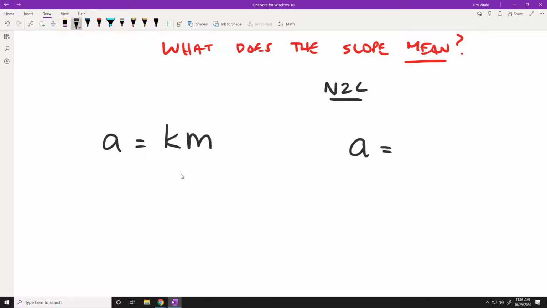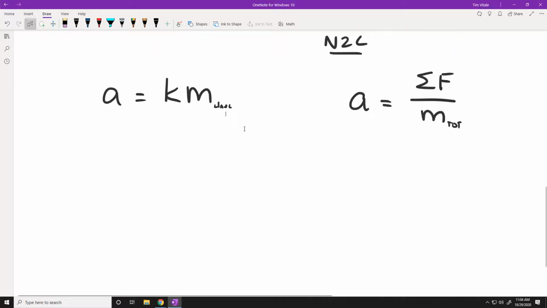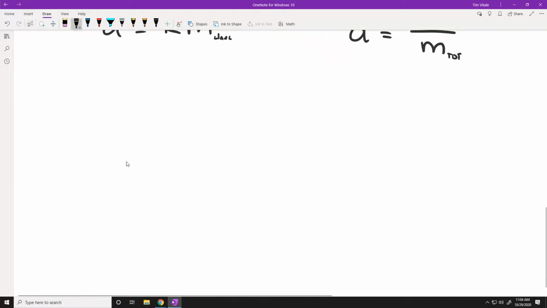Newton's second law is a is equal to the net force over the mass. Now here's the thing. This M is the total mass. This m is the hanging mass. These are not the same m's, so I just want to clarify that to start with. So the question is, what does this k represent? Well, let's take a break here and take a look at some force diagrams on the modified Atwood's machine.